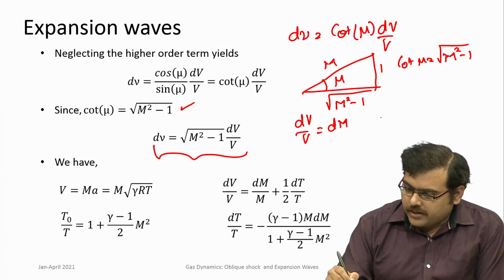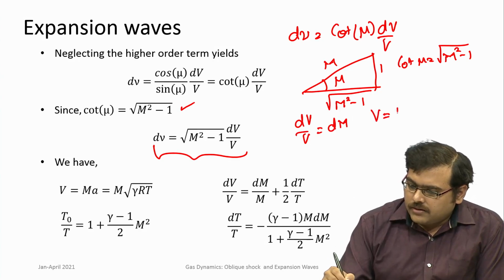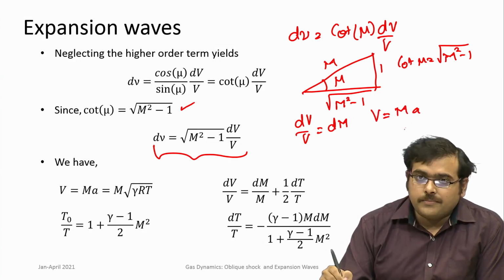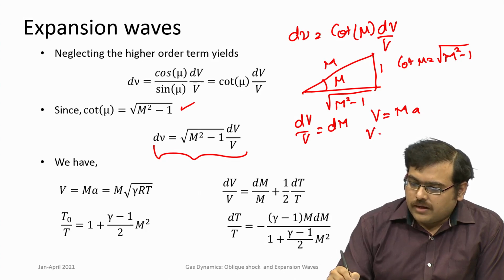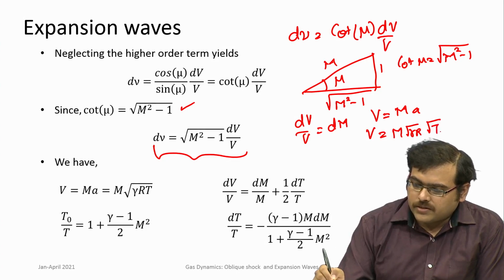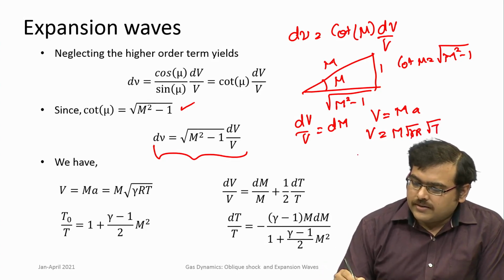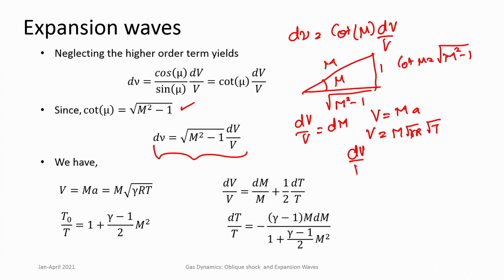We can do it because v is Mach number multiplied by speed of sound, and that is square root of gamma R multiplied by square root of T. These are constants. If you take logarithm and differentiate, dv by v is dm by m plus half dt by t. So that is what is given here.